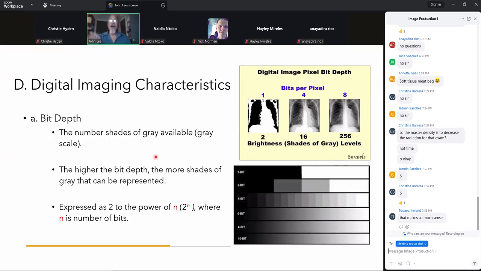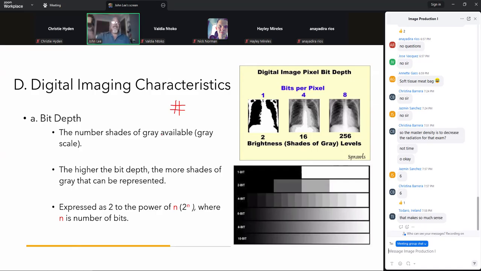On, off, on, off. So in a 2-bit system, well, let's look at the 1-bit system. In a 1-bit system, there is only one space for a value. We denote that with, y'all call it the hashtag, but it is a pound sign.